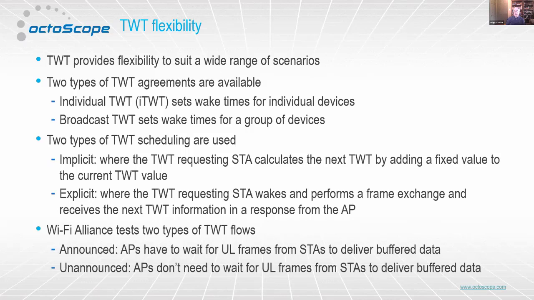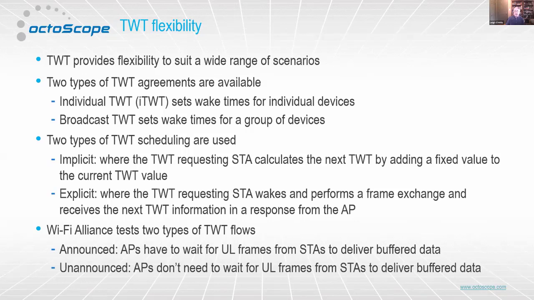There are two kinds of scheduling. One is called implicit, one's called explicit. Implicit just means that after a service period, when the station is going to figure out when its next service period is, it just does that based on this pre-negotiated schedule that it has with the AP, and it doesn't have to actually talk to the AP about it. Explicit means that it actually communicates with the AP to determine when the next period is.